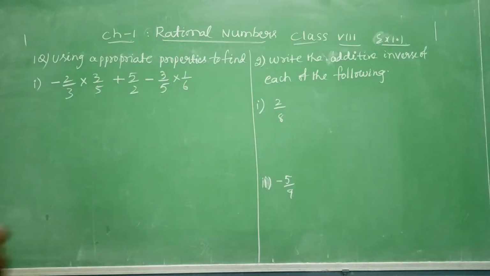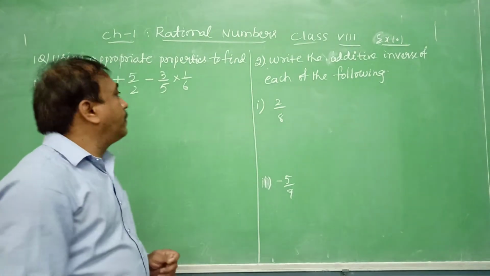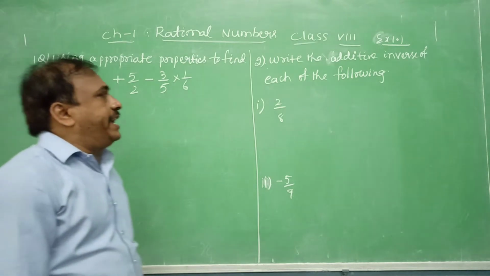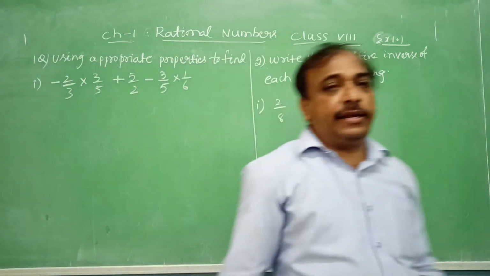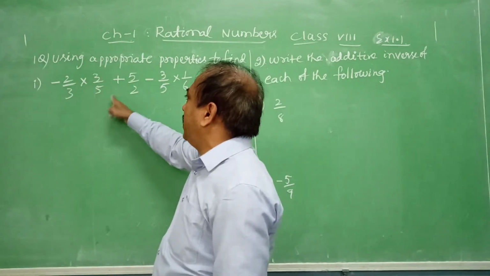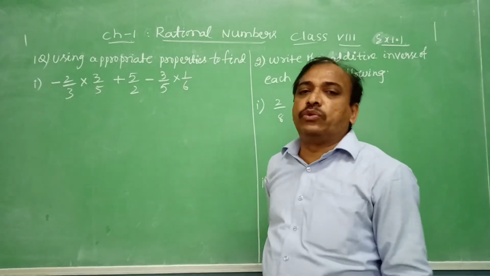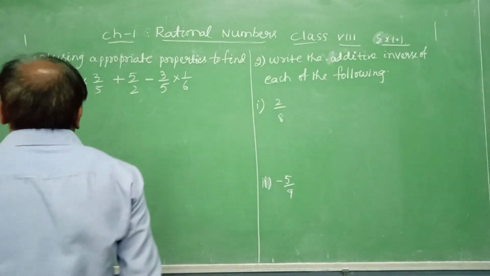Let us see exercise 1.1 from this chapter. Using appropriate properties to find, the first question: minus 2 by 3 into 3 by 5 plus 5 by 2 into minus 3 by 5 into 1 by 6. Observe it.